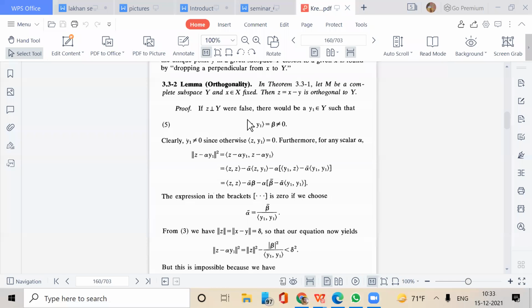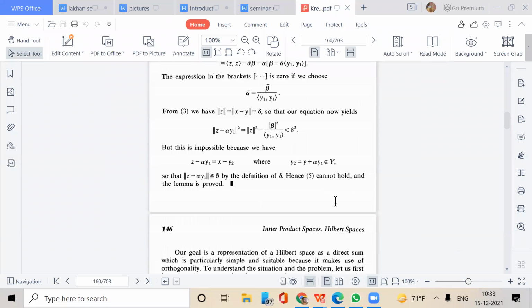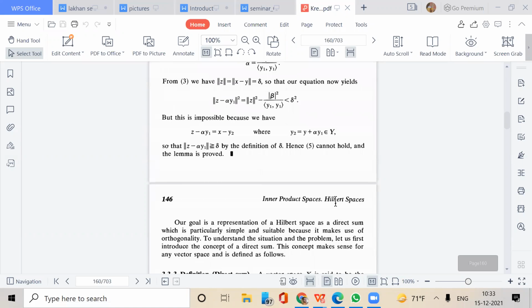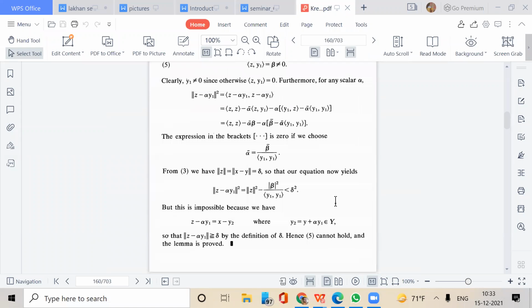In number 5, we assumed that inner product of z comma y1 is not equal to 0, and we got norm of z minus alpha y1 greater than or equal to delta. And here we got norm of z minus alpha y1 less than delta. So this is a contradiction, and hence our assumption is wrong.